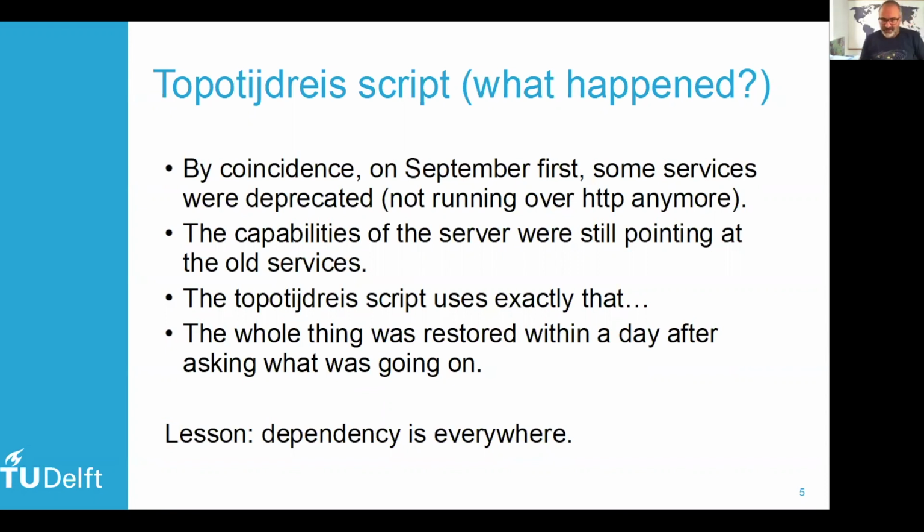Then the question is, how can I solve this issue? So I started poking a bit, and we found that, if you look at the whole structure, the maps are made by the Dutch cadastre, and it's the responsibility of the Dutch cadastre.